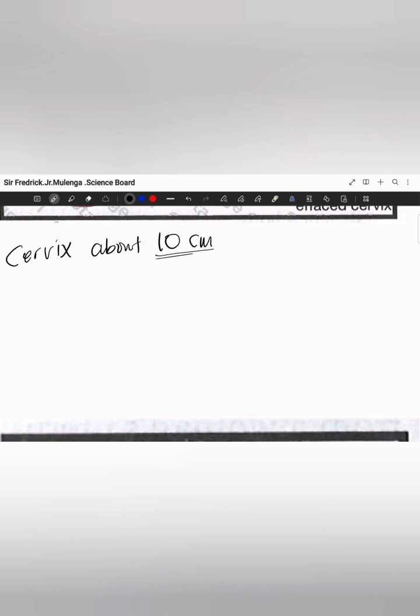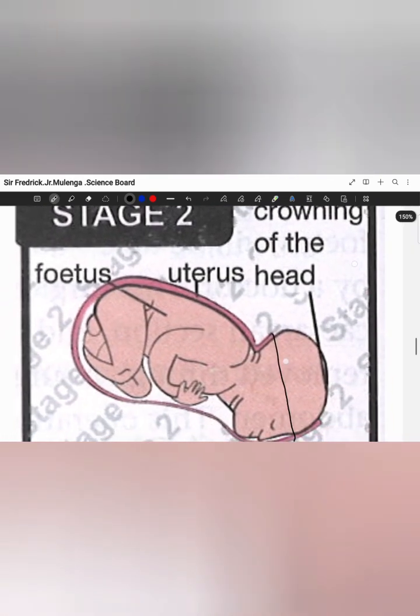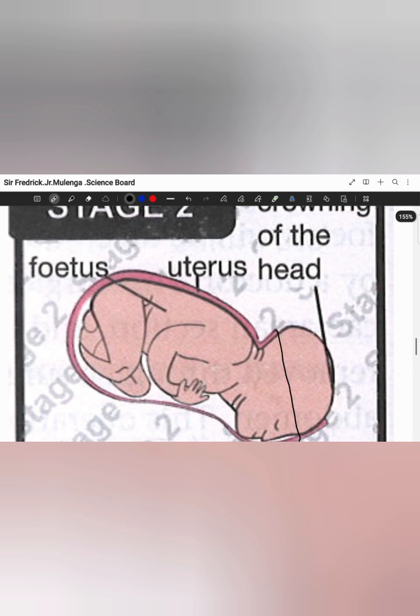As you can see on the diagram, the baby is about to come out, and the cervix has dilated about 10 centimeters so that the head can pass. The moment the child comes out of the womb, this stage ends.